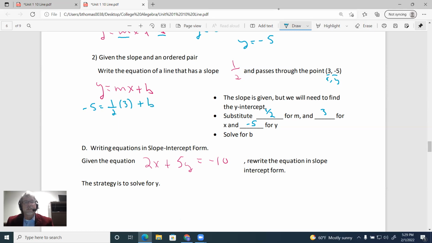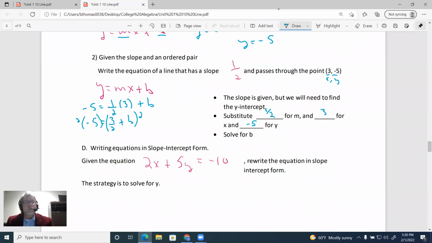So what I want to do now is solve for b. Remember, we have to simplify each side of the equation. The -5 is simplified, but I can multiply 1/2 times 3, and that gives me 3/2 plus b. To get b by itself, notice we have fractions here, so I'm allowed to multiply each side by the LCM, which is 2.